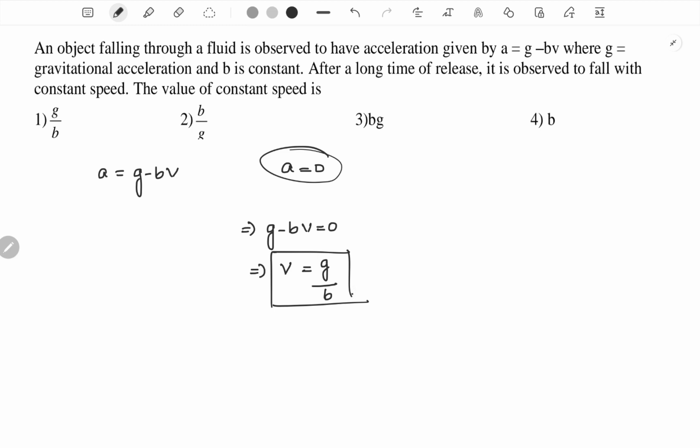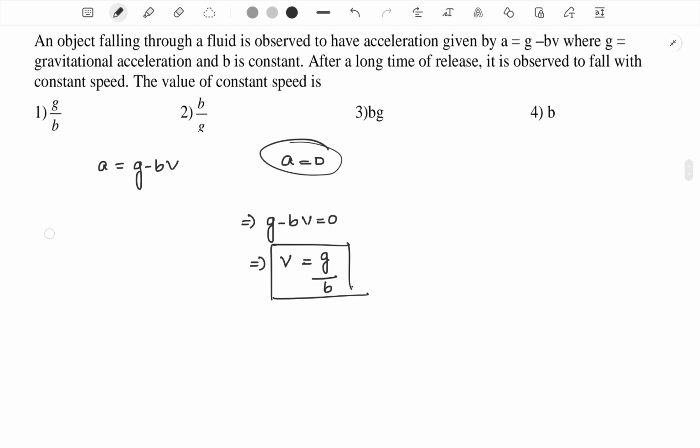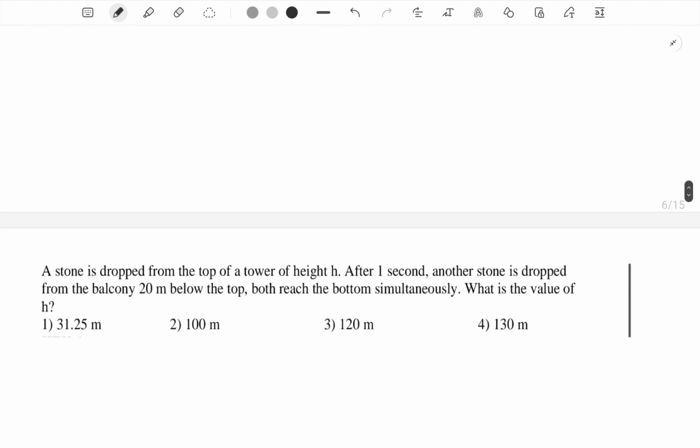Okay, so that's the constant speed with which it would fall down. Okay, simple. This kind of looks like a difficult problem, but if you look at the information carefully, then you can clearly understand it's a little bit of a simple problem. Let's proceed to the next question.